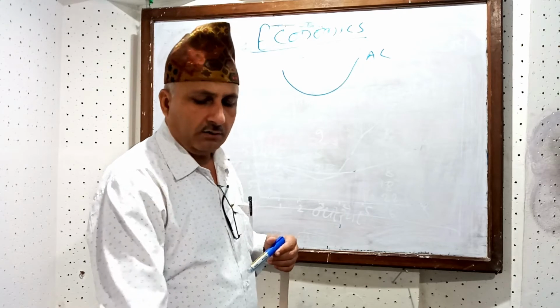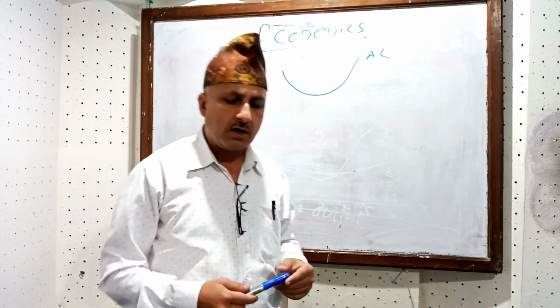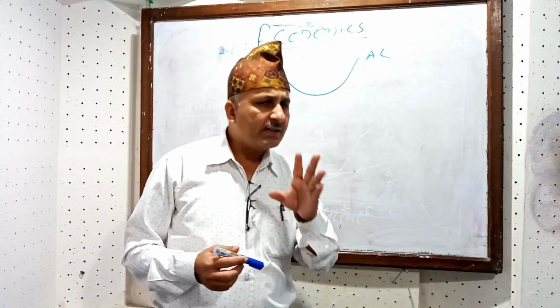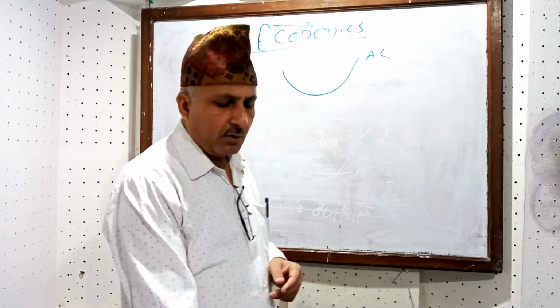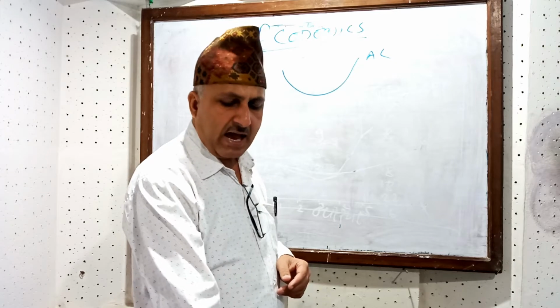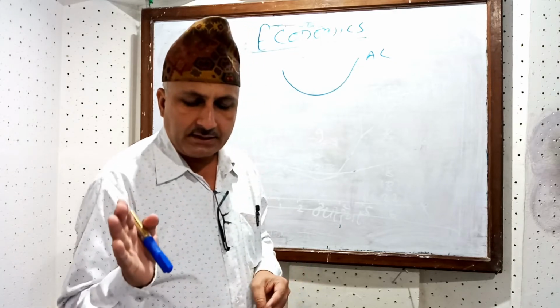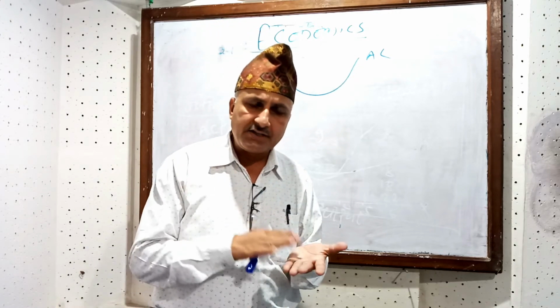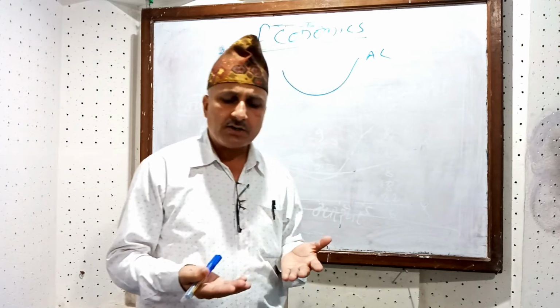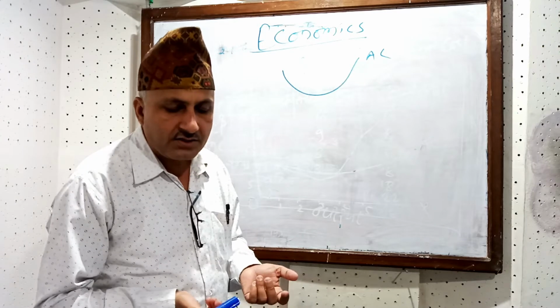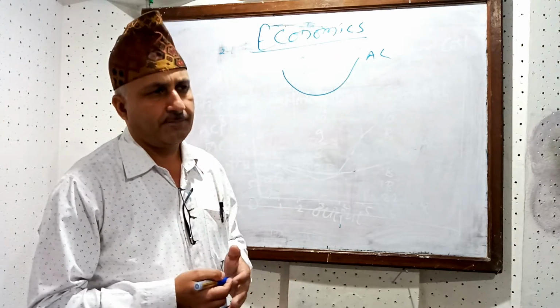According to this law, there are 3 stages of production. These stages are increasing returns, then constant returns, and then diminishing returns.